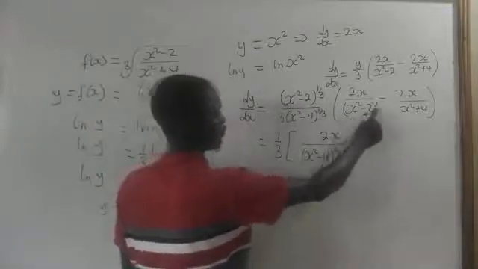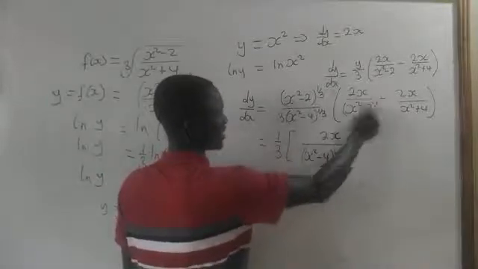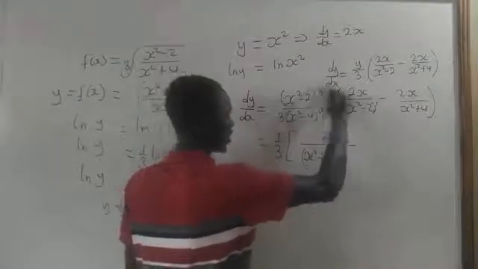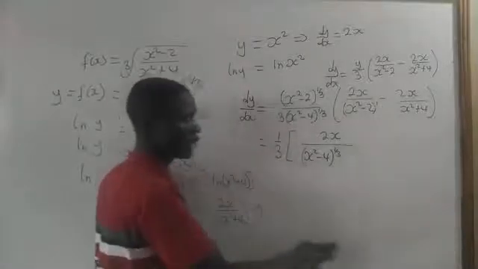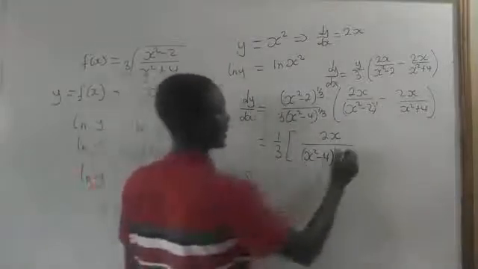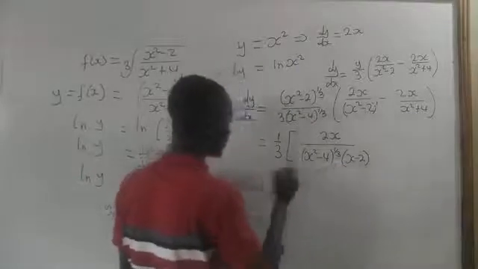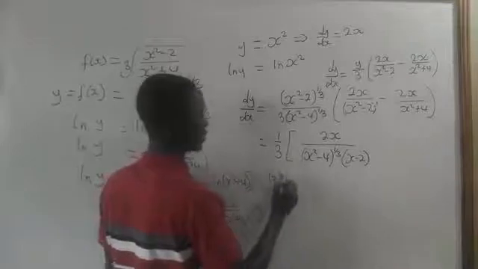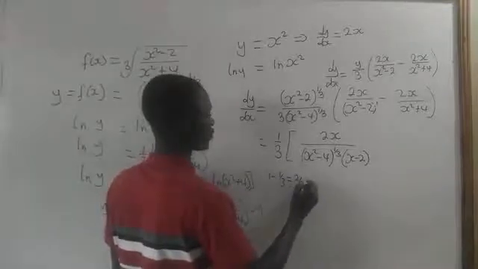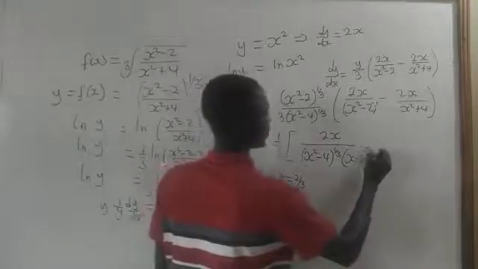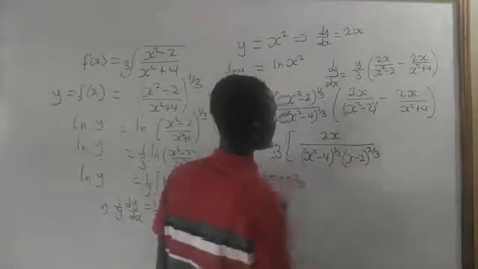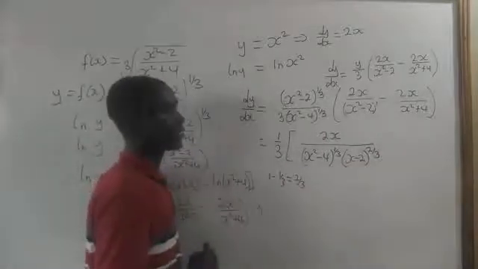This is x squared minus 2. Power 1, power 1 out of 3. 1 is greater than this. So I'll take this power from this for the function to remain at the denominator. So I have x squared minus 2. Then 1 minus 1 out of 3 will give me 2 out of 3. So this will give me power 2 out of 3. Very, very simple as that.